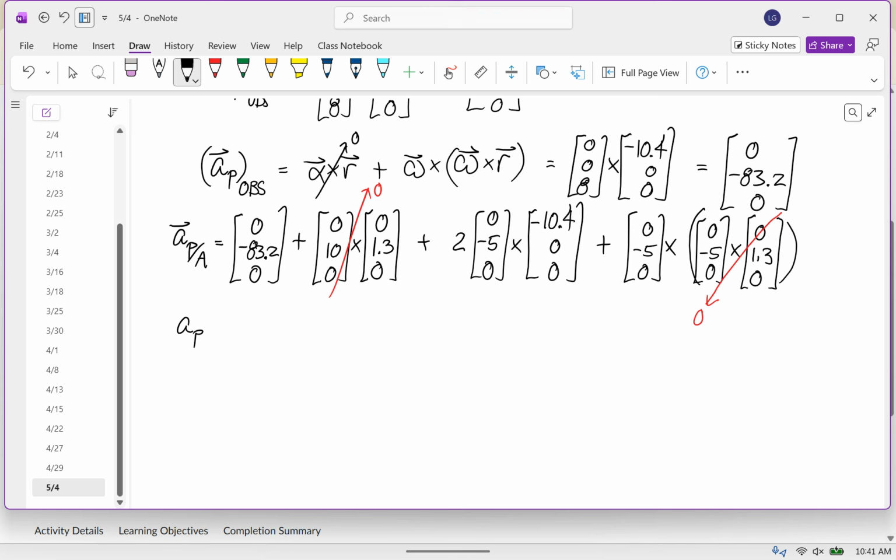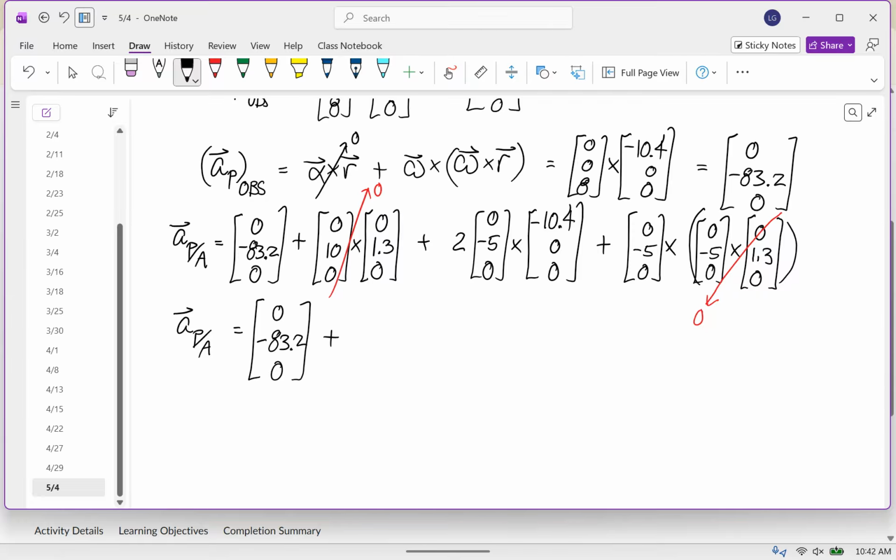Okay, so acceleration of P relative to A. So what do we have here? 0, negative 83.2, 0, plus this third term, what's that called? Coriolis acceleration, yeah.